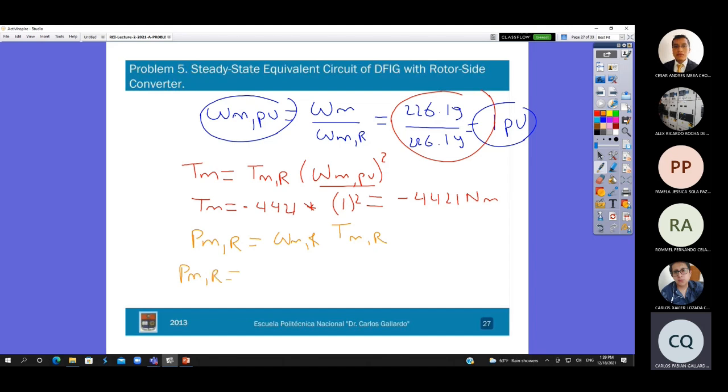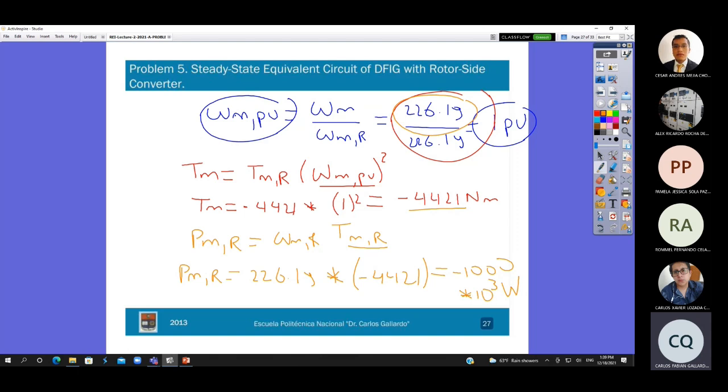Substituting the values, 226.19 radians per second times the rated electromechanical torque, 4,421 Newton meters. Therefore, the rated mechanical power is equal to negative 1000 times 10 cubed watts. This is the rated mechanical power.